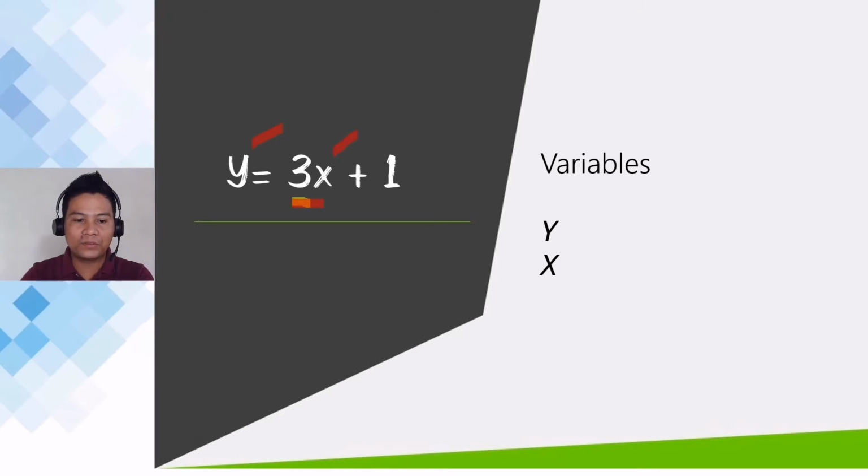These are variables. Knowing that variables are concepts which can assume different values, see what happens to y as the value of x becomes greater or smaller, or we change the value of x.